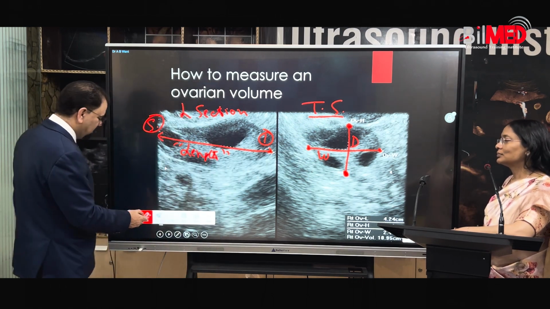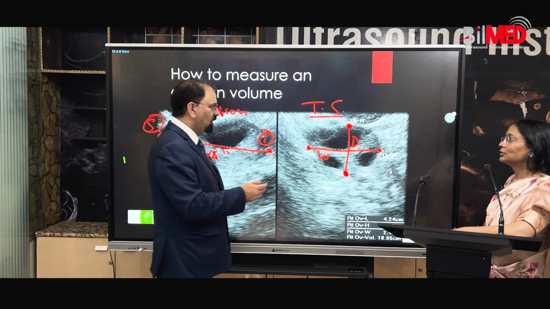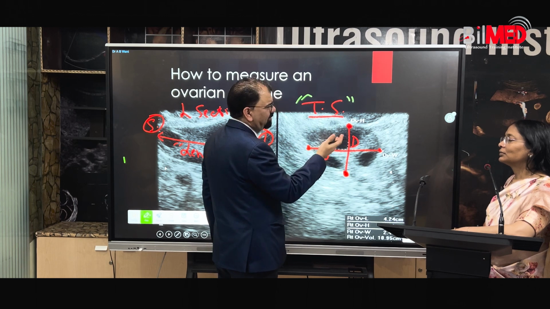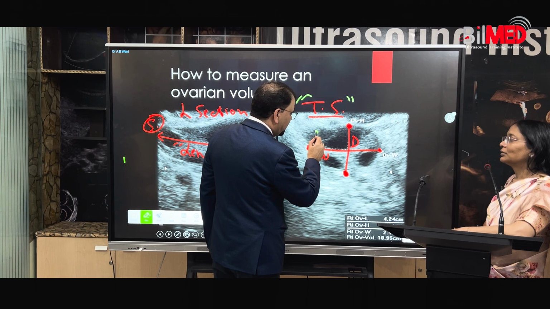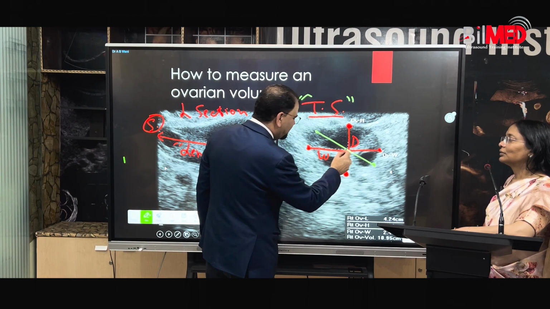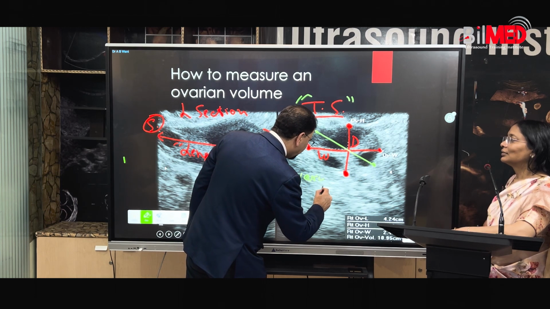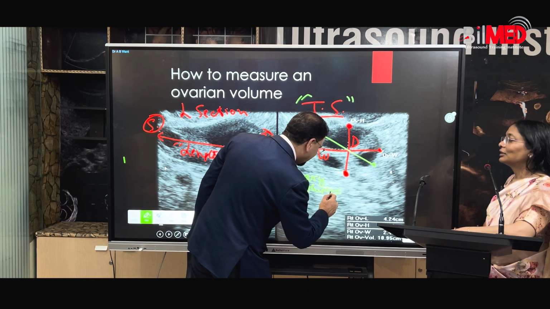No. Now, if somebody takes one section only, a transverse section, and takes length this way, what will be the ovarian volume given by the machine, will it be more or less? It will be very less.